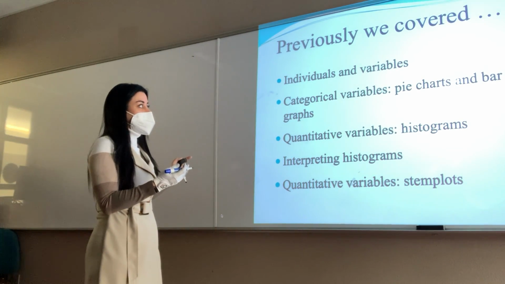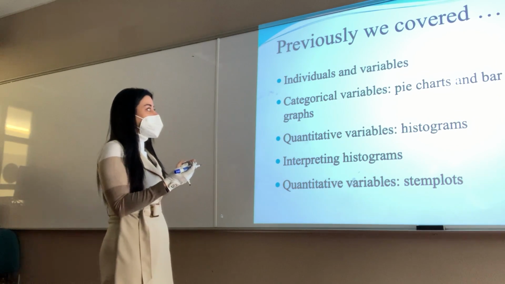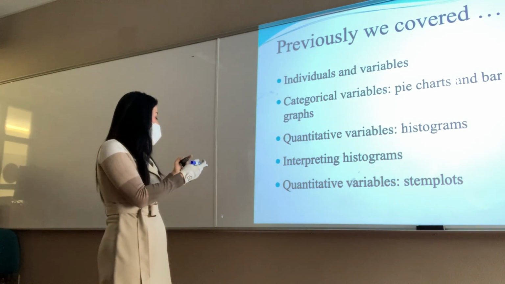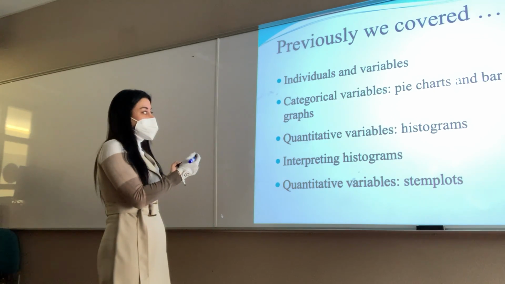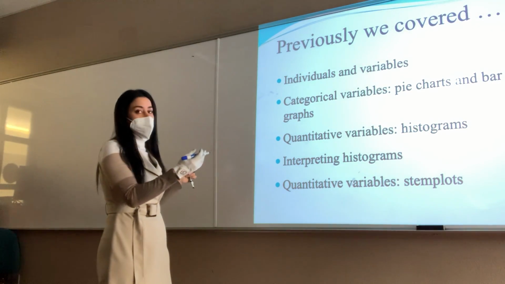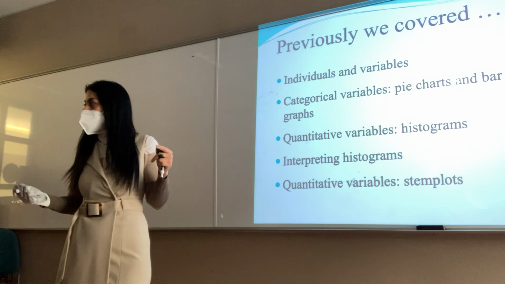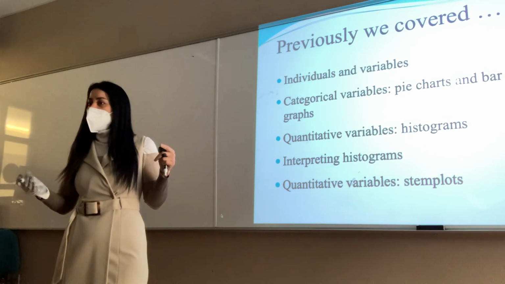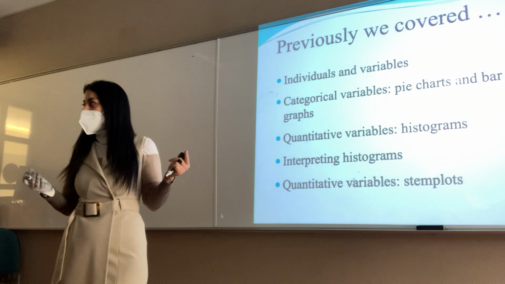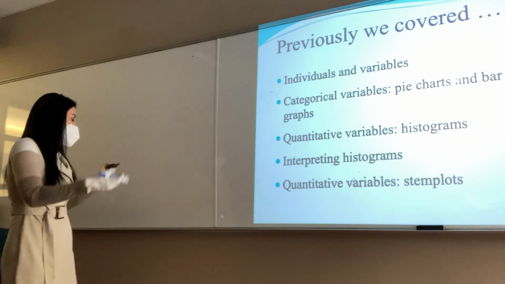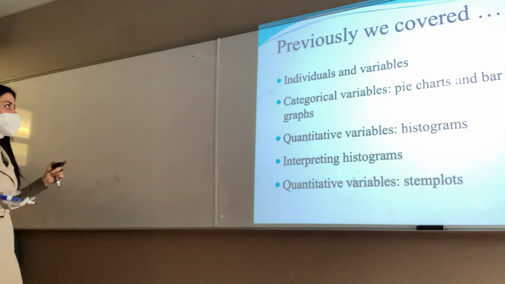We looked at some charts we could use to visualize categorical variables, pie chart, bar graph, and then we talked about quantitative variables. We talked about histogram. We talked about the stem plot, right? And we use these tools to visualize quantitative variables, okay? And we interpreted some of the graphs.